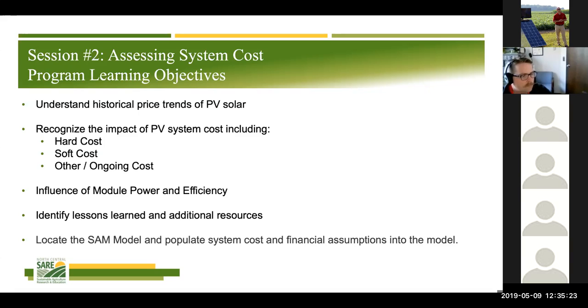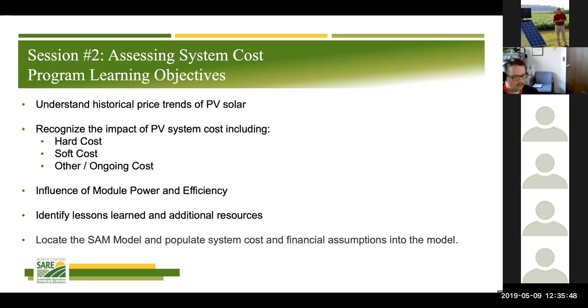As we go through today's talk, we're really going to try and break this down and take a look at the historical price trends of PV solar. We're going to itemize some of those costs. So we'll look at equipment cost, soft cost, and some of the quote-unquote other and ongoing costs that you may incur through this process.